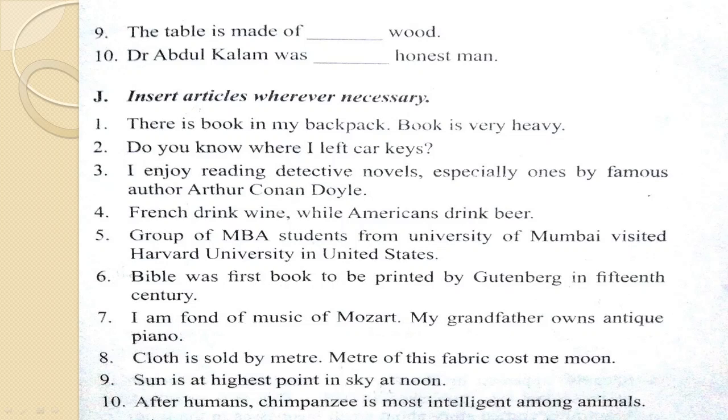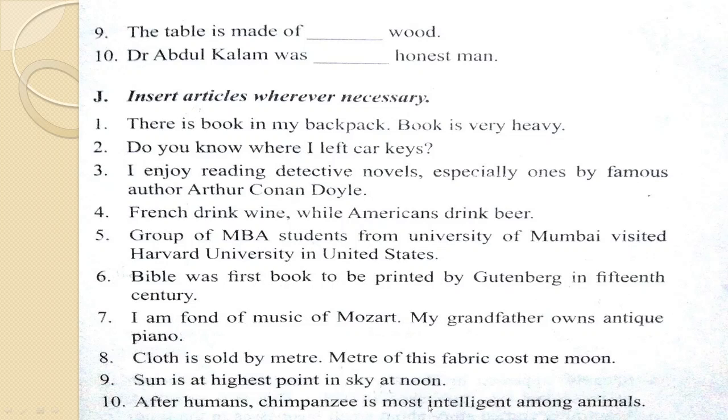Next, number 10, after humans, the chimpanzee is the most intelligent among animals. The most, the least, the highest.